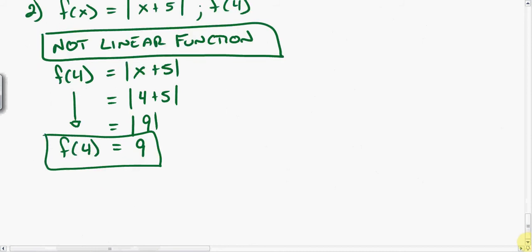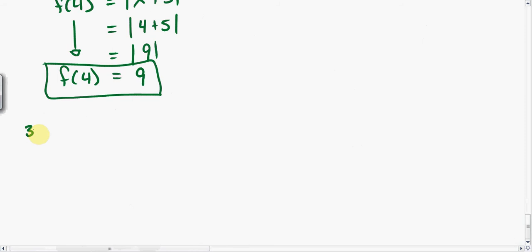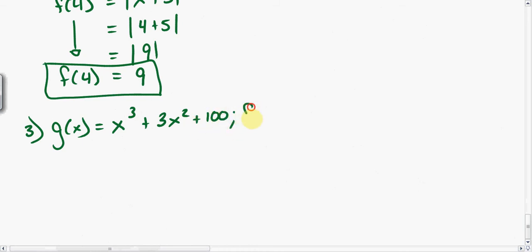Lastly, we've got number 3, which is, we'll say, g of x. Function notation doesn't always have to start with f. It can start with any letter. So we've got g of x equals x cubed plus 3x squared plus 100. And then we see g of negative 5.